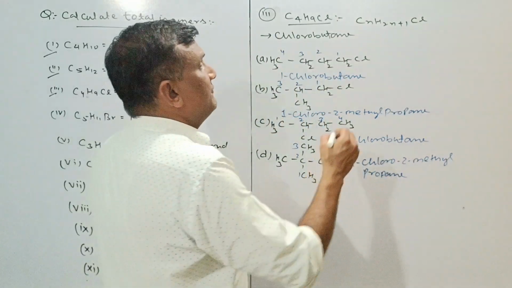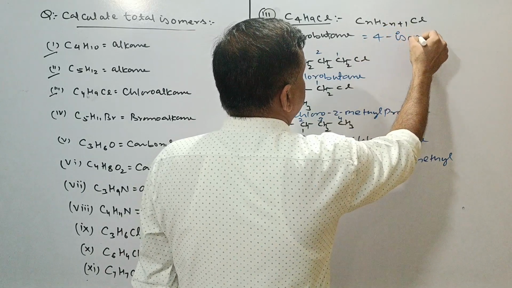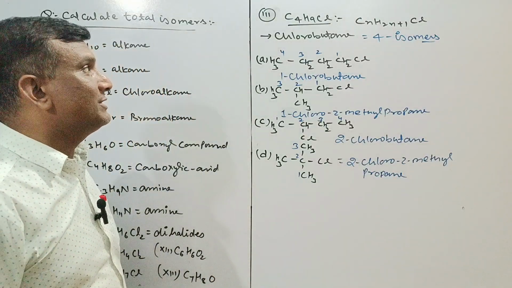So here there will be 4 isomers for this formula. This was about C4H9Cl.